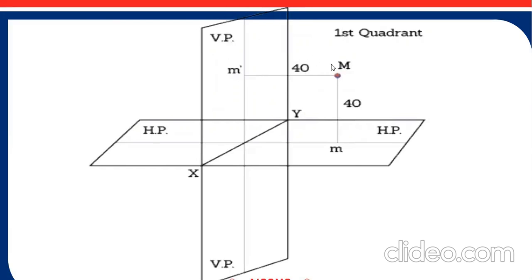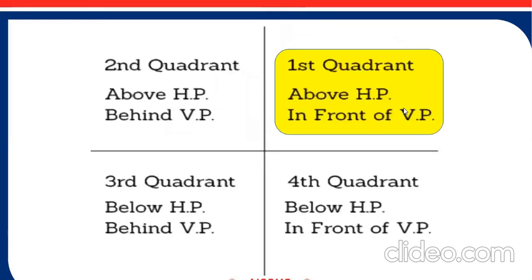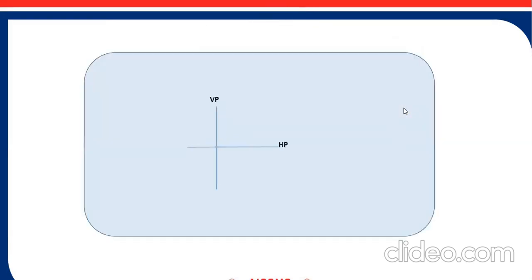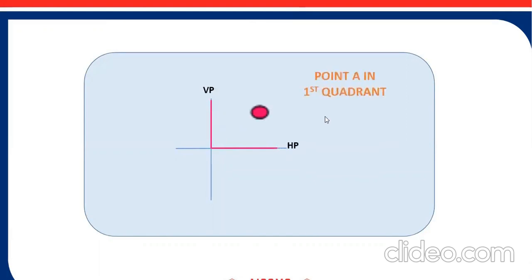So we get small m for this point on the HP, the horizontal plane, and m dash, at this 40 here, on the vertical plane.